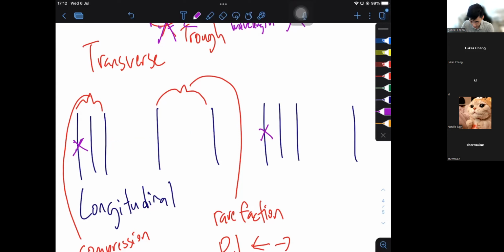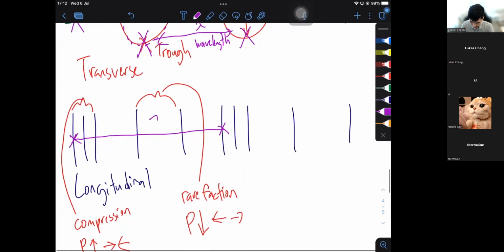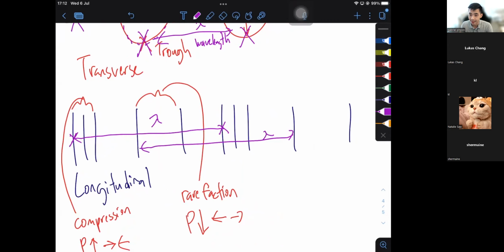Meaning to say, in order to really say one wavelength, it is either going to be compression to compression. This is considered one wavelength, or it is going to be rarefaction to the other rarefaction as well. This is considered to be the other wavelength.